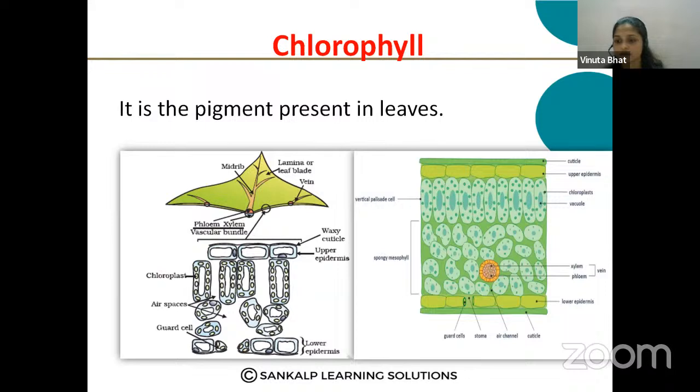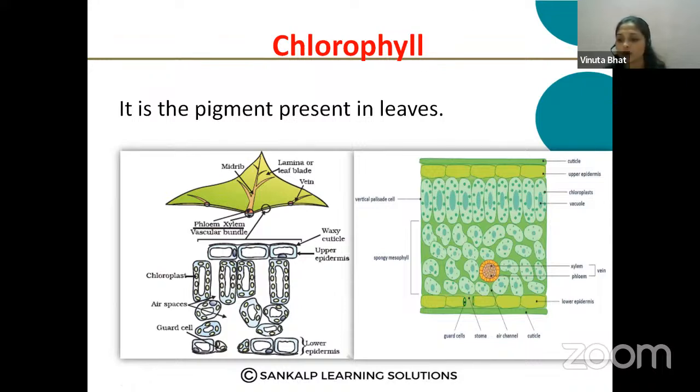Yes? Anybody? Yes, through the stomata. So the stomata, mainly present in the lower epidermis of these leaves, are small openings. Through these stomata the carbon dioxide and the exchange of gases takes place.